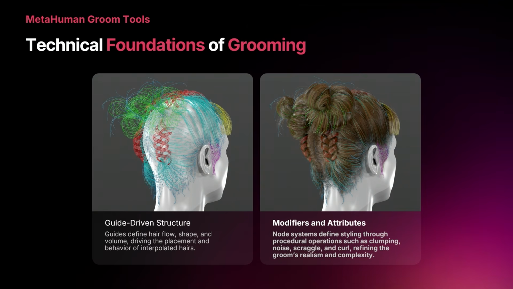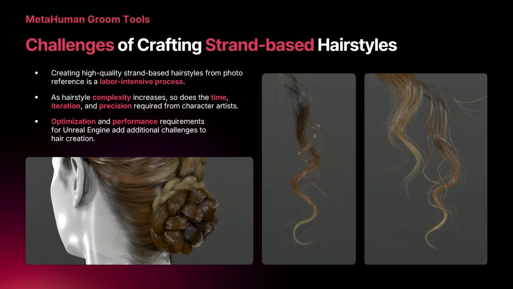From there, we use a procedural node system to apply modifiers and attributes, operations like clumping, noise, curls, which are essential for adding natural variation and realism. This approach is at the heart of strand-based grooming, for example, for complex and believable hairstyles.